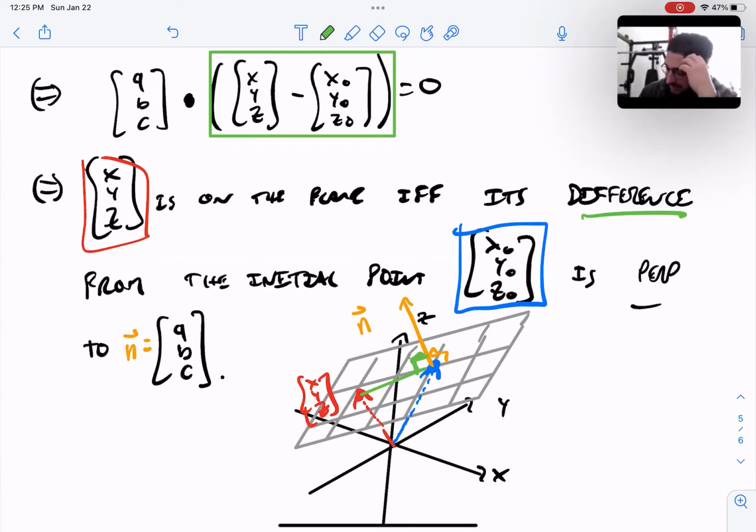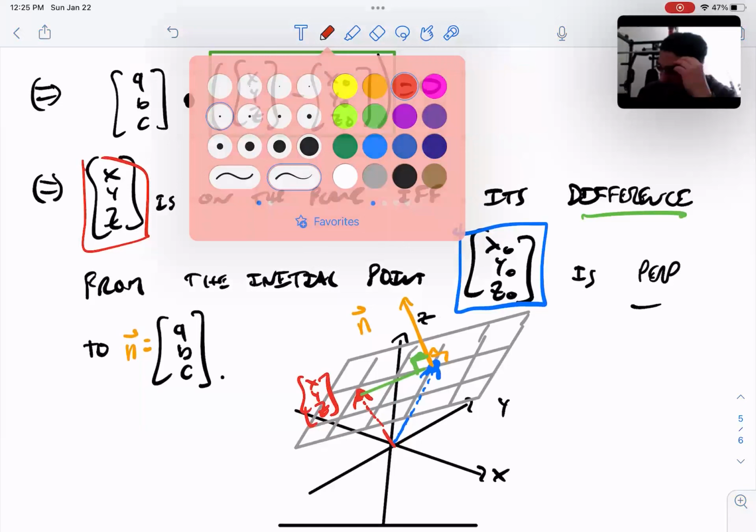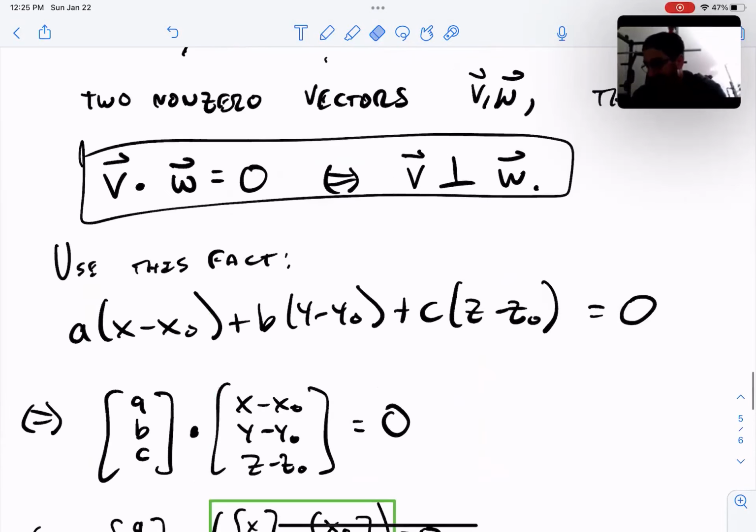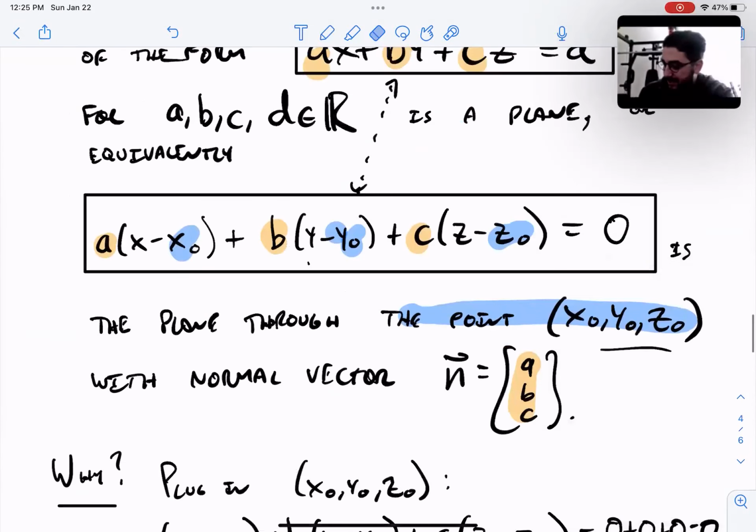Imagine if I picked some point way up here. Now when I do that green difference, that's going to be a lot less than a 90-degree angle if I pick something above the plane. If I pick something below the plane, that's going to be a lot more than a 90-degree angle, at least the way I have it drawn here. That's why this is a super nice form of a plane, because it gives you the normal vector and an initial point on the plane.